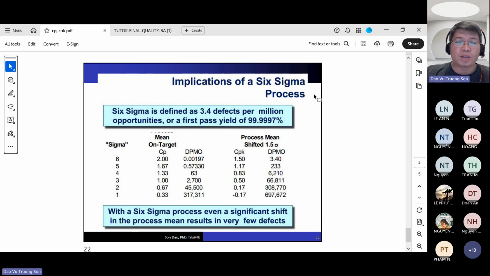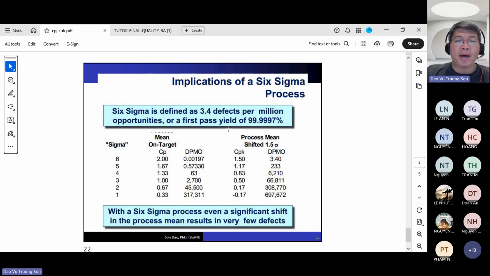Those numbers actually translate to a CP of 2. So that is why a CP of 2 is a proper indicator for a Six Sigma process. And you can see DPMO, defects per million opportunities, is 0.00197.